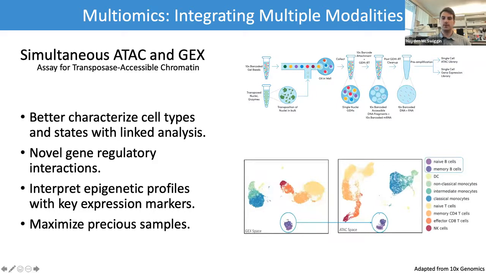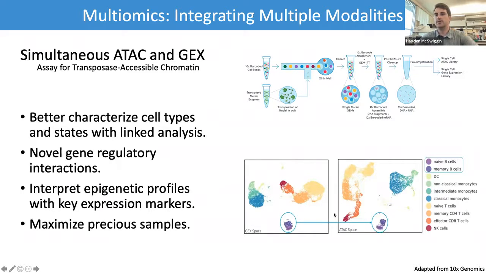So with this method, you can more powerfully characterize cell types and states, which is happening in this figure here on the right. You can see in this gene expression space, there is a cluster here that kind of looks the same, but you can't really tease it apart with gene expression data. But in the ATAC space, you can see that these clusters have distinct open chromatin profiles.